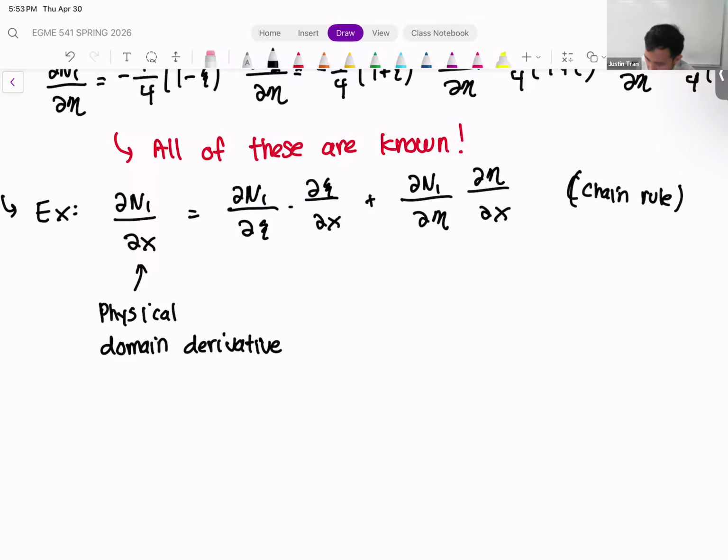I shouldn't say it's kind of the chain rule. It's exactly the chain rule, because x is a function of epsilon and eta, because that's part of the change of variables that we're doing. And so if we take the derivative and chain it out, this is what we obtain.